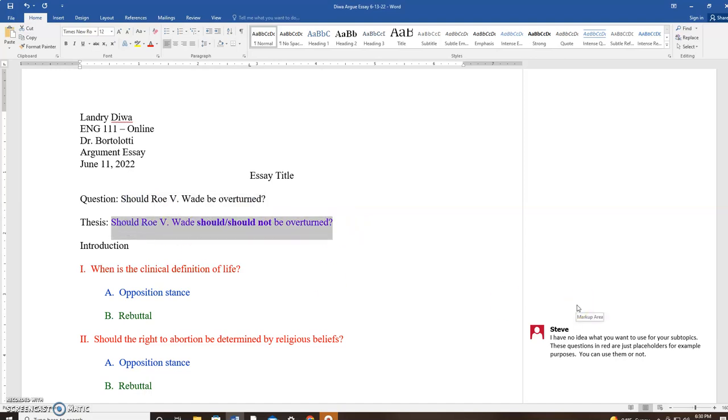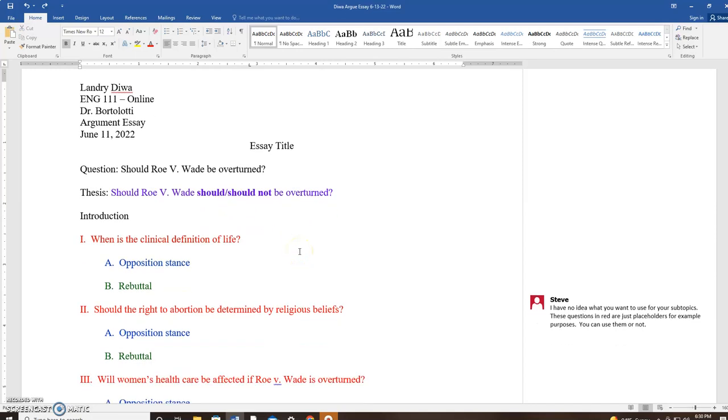Now, I don't know which way Landry is leaning, so she could very well say Roe v. Wade should be overturned, or she could say that Roe v. Wade should not be overturned. So it's going to be her choice, obviously. She just gets rid of whichever applies.